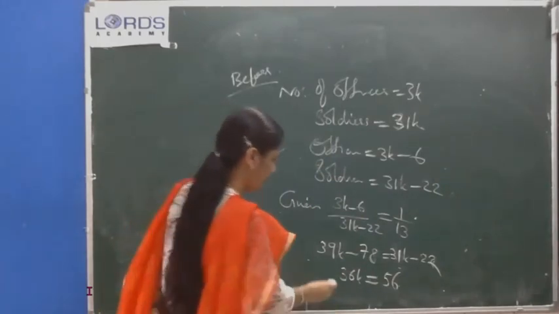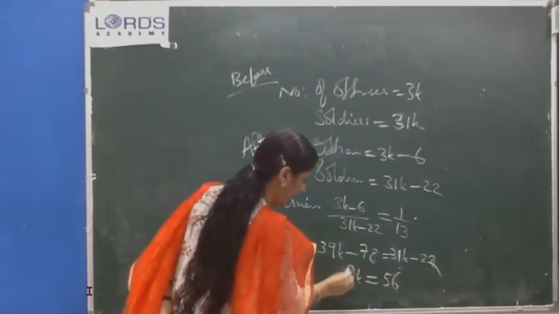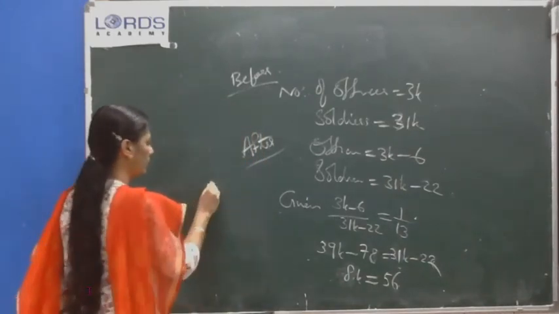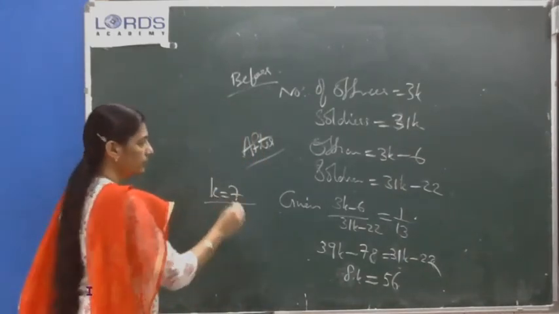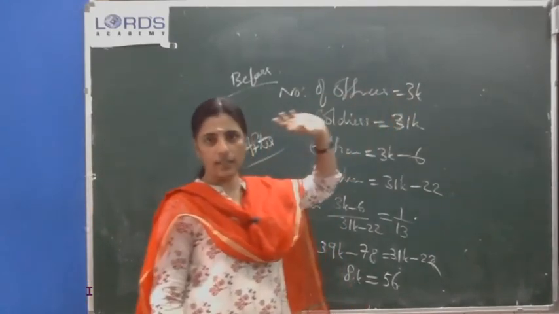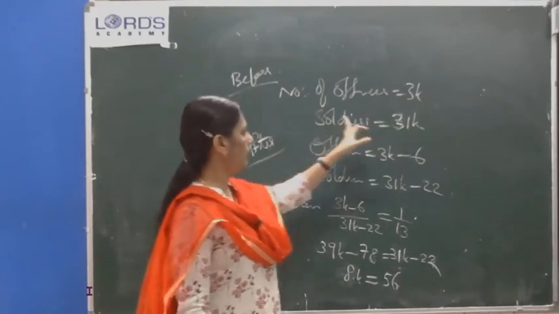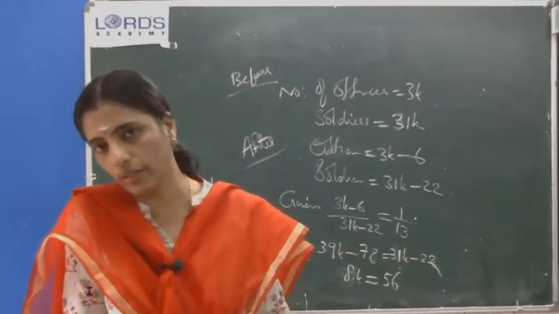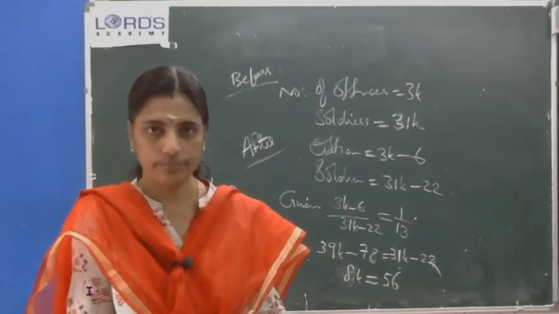Okay. So this is 8k. K equal to 7. Not over. So you write, therefore number of officers before the battle, 3 into 7, 21. Number of soldiers before the battle, 31k equal to 31 into 7 equal to 217.